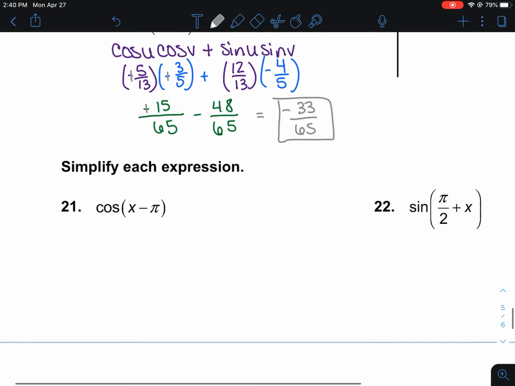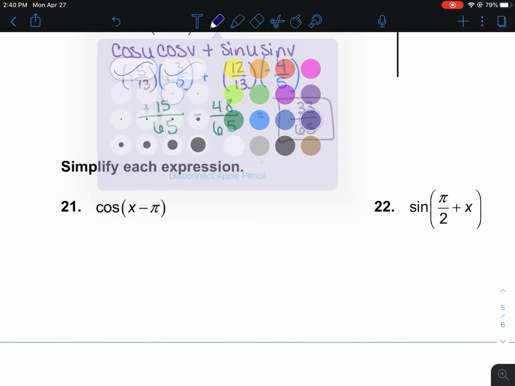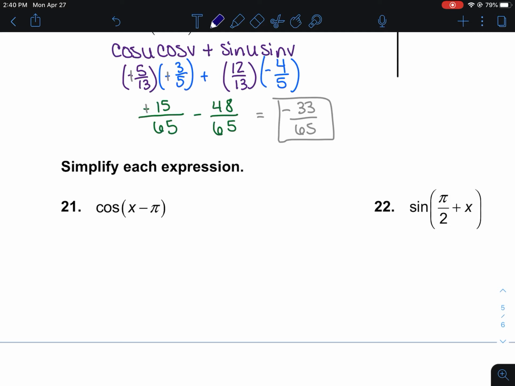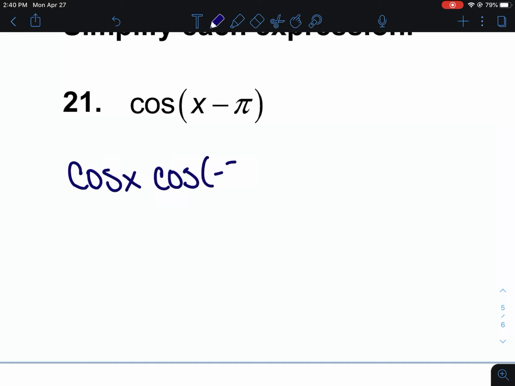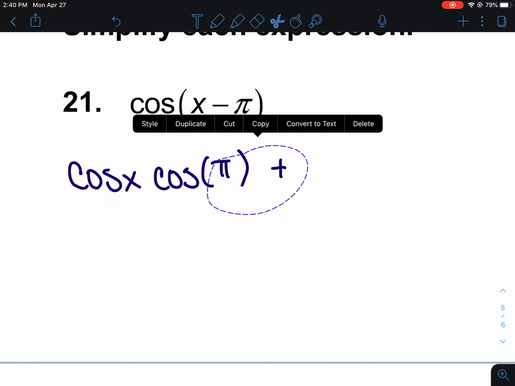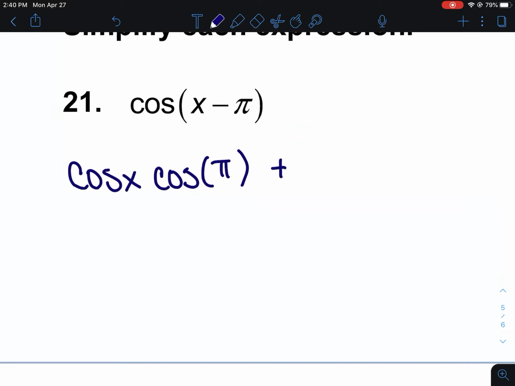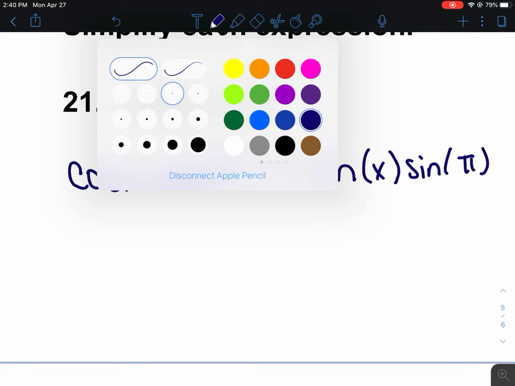Okay. All right, the last two questions on this page say to simplify the expression, still using the sum and difference formula. So in this case, I have cosine. So I'm going to do cosine x, cosine pi, change the sign, sine of x and sine of pi.